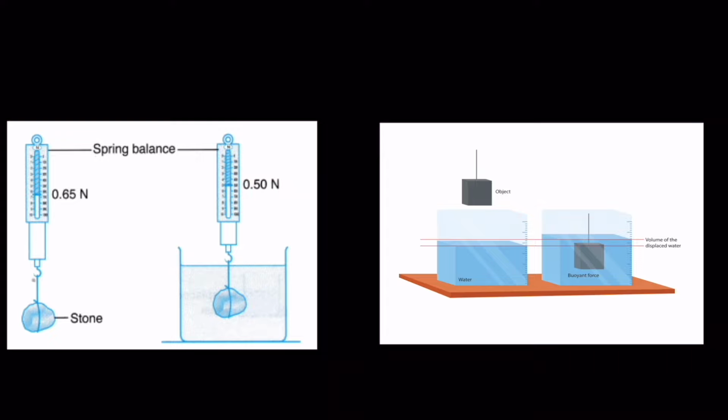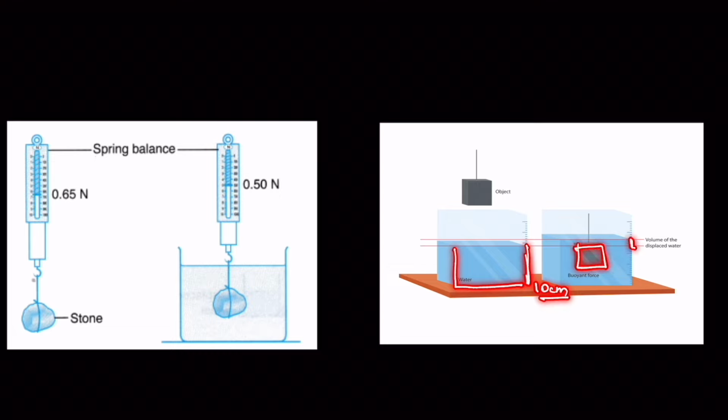Parallelly, one more thing happened. What is that? See in this figure, initially when the stone was not placed inside the water, the water level was suppose 10 centimeter. When the stone is completely immersed inside the water, the level increased, and suppose this increase is 2 centimeter.